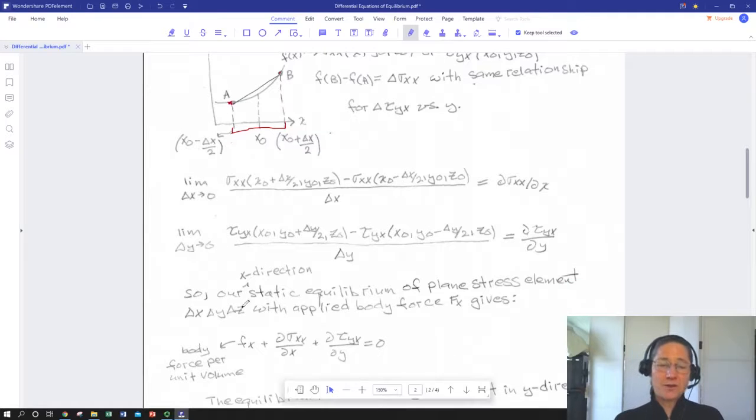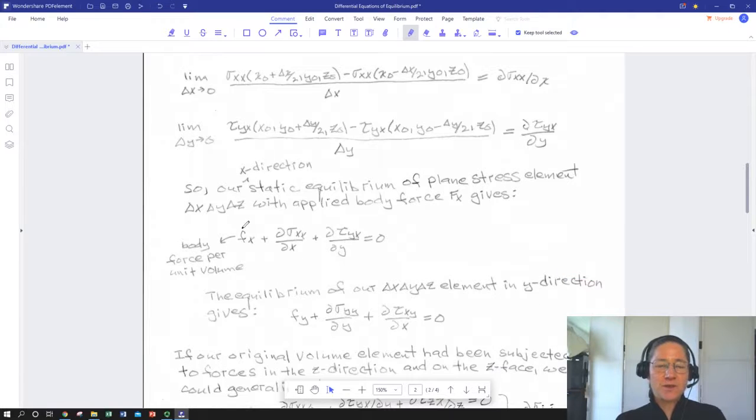And if we include the body stress, our body stress per unit volume, we can make this relationship between some kind of body force per unit volume, the rate of change of our normal force in the x direction with respect to x, the rate of change of our shear stress, yx, which we know is equal to xy, with respect to y, all of that equals 0.